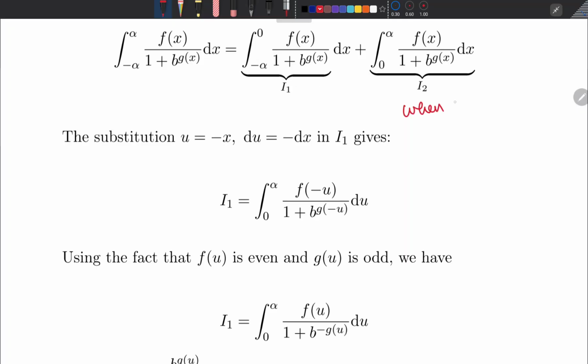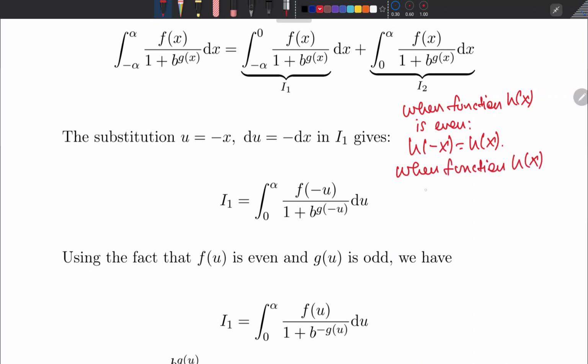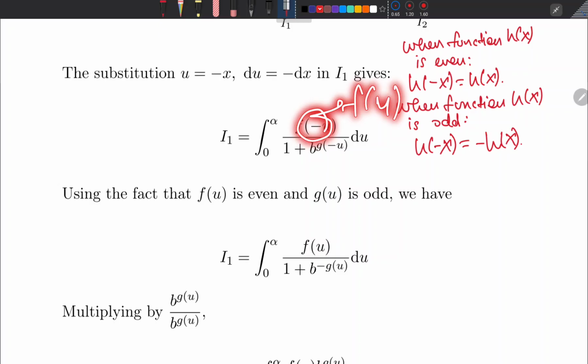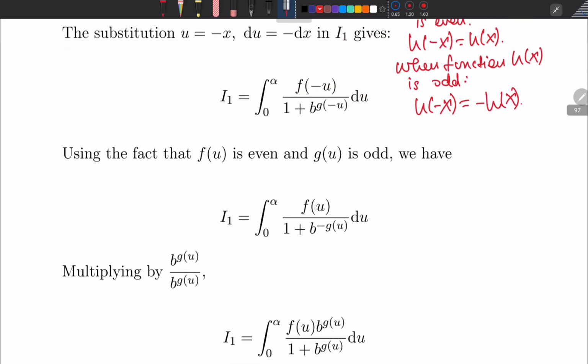When function h of x is even, then h of minus x equals h of x, and when function h of x is odd, then h of minus x equals minus h of x. So you just have to consider it. And our f function is an even function, so basically this is going to be f of u only, right? Yeah, just take a look at this.